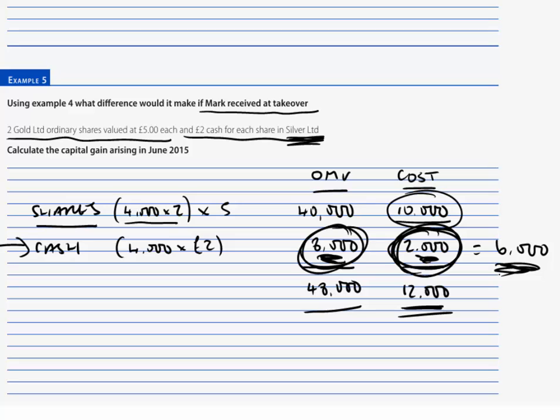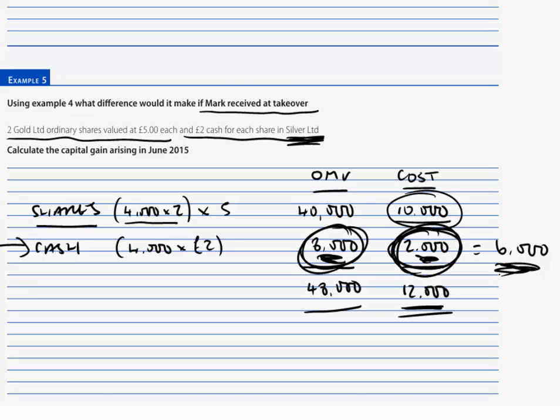Those reliefs will either serve to reduce a gain permanently, i.e. they would exempt a gain from any chargeability now or in the future, or, as most of them do, they tend to defer gains. So they won't tax you now, but they will tax you in the future. It's a deferral.